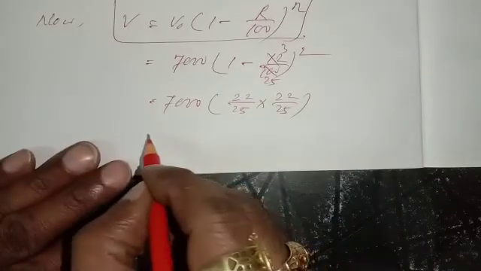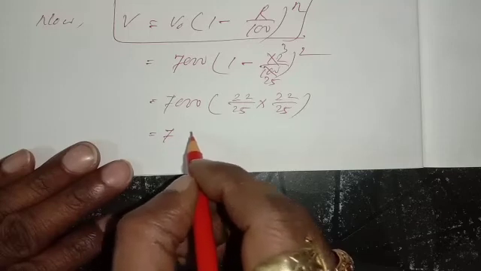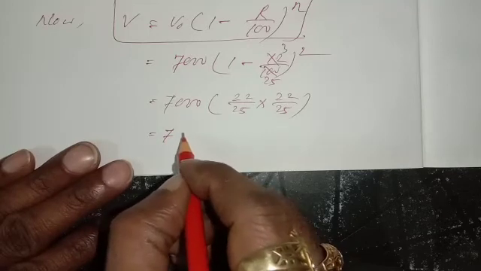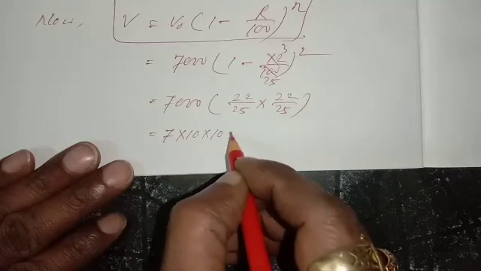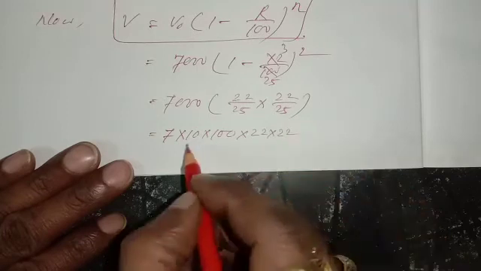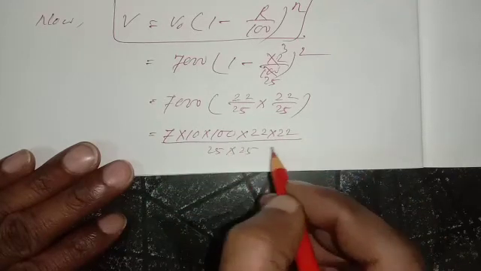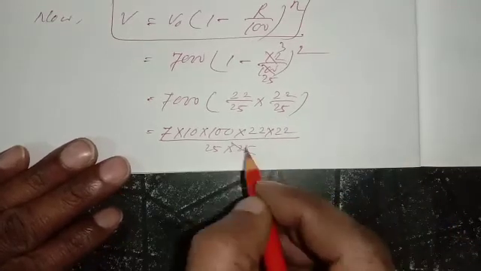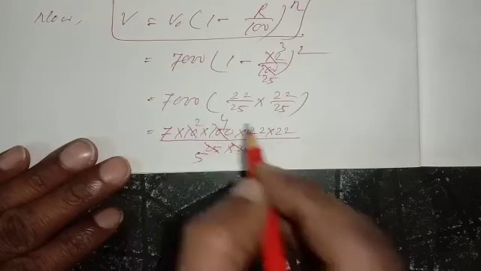After simplification, how much will you get? That means you can write here 7 into 10 into 100 into 22 into 22 divided by 25 into 25. Why am I doing it like this? Because I can cancel 25 4s are 100.